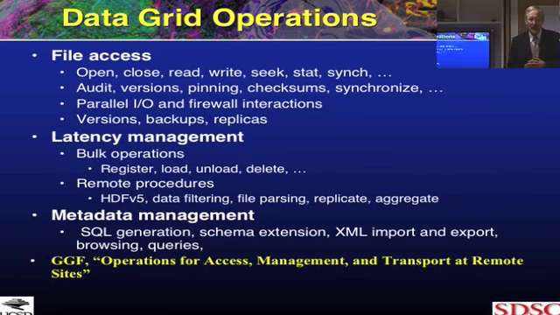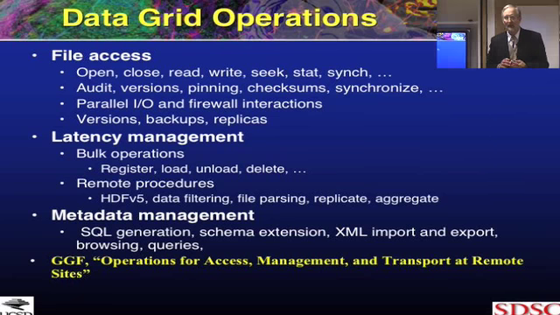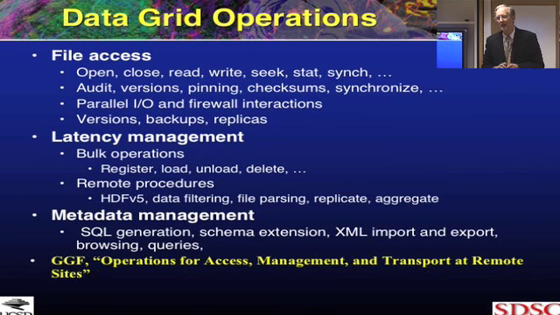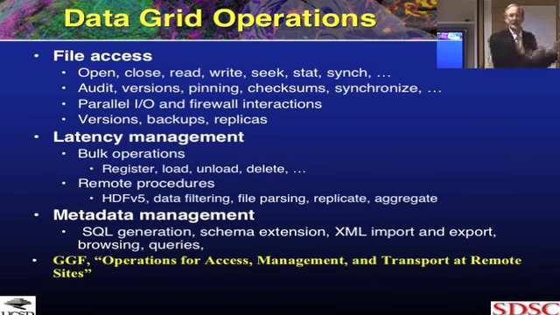Latency management is the challenge that when we work with wide area networks, we can't afford to send small files one at a time across the network. We worked with the Michigan Digital Library and they tried to load 70,000 small files one at a time into a digital library in San Diego. And they rapidly discovered that the overhead of interaction for each file was so high, it just was not feasible. It was going to take them a week, 2 weeks in order to do this.